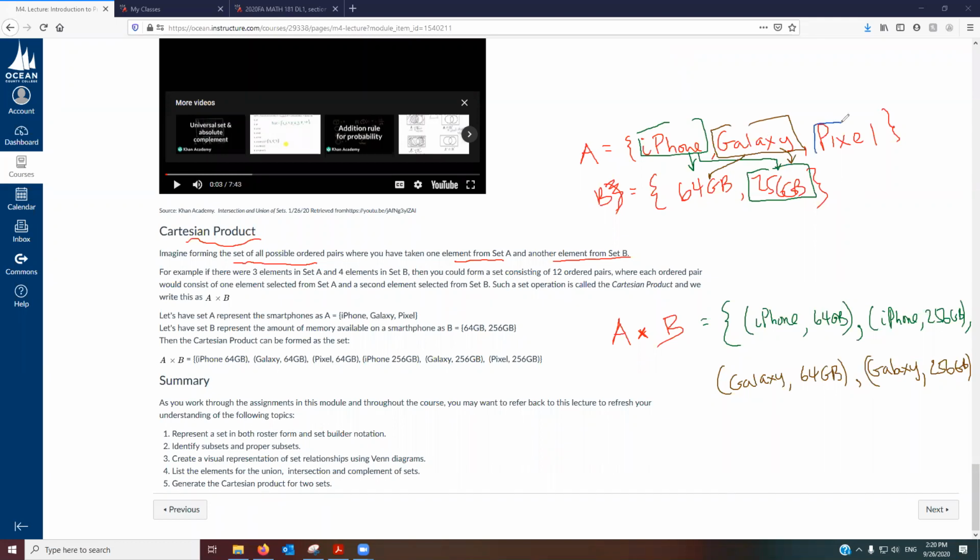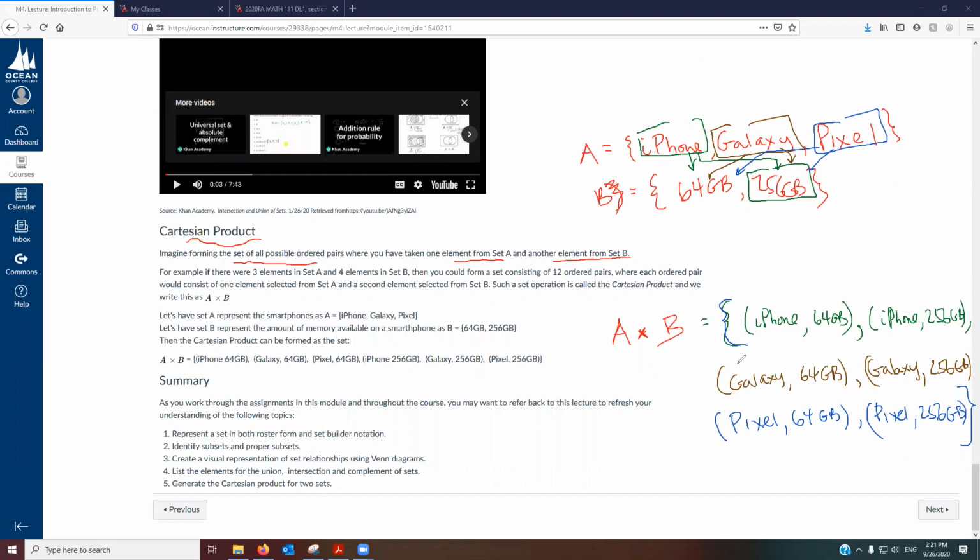So I'm going to take Pixel and pair that up with 64 gig and 256. So Pixel 64 gig and Pixel 256. And then I've got to close this up with an ending curly brace to close out the set. So I'm going to put an ending curly brace here to match this opening curly brace.